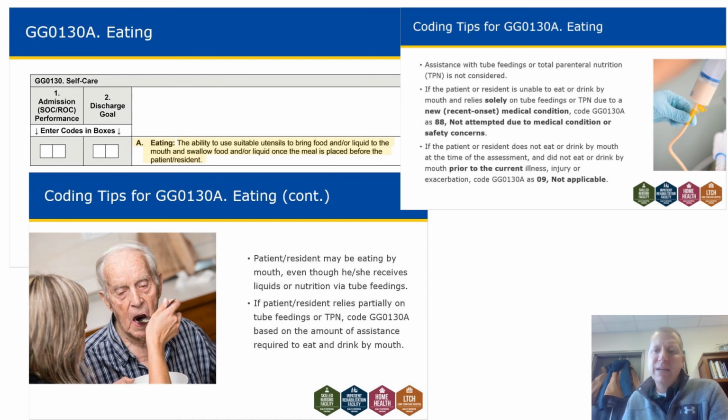If the patient or resident does not eat or drink by mouth at the time we assess them, and did not eat or drink by mouth prior to their current illness, we would just put not applicable. These might be some of your patients who have had a long-standing history of a stroke, and maybe they've been tube fed for a long period of time, and it's not something that's new. So we wouldn't need to include that. It just would be not applicable.